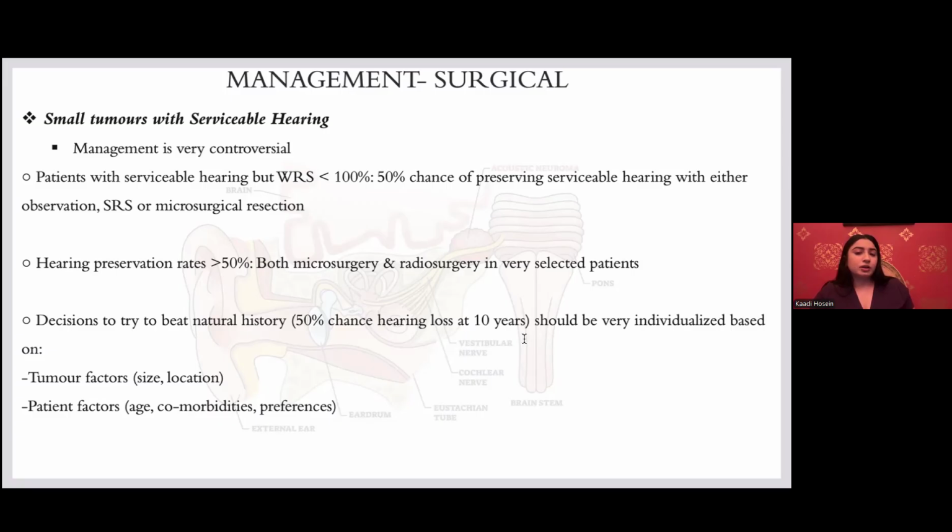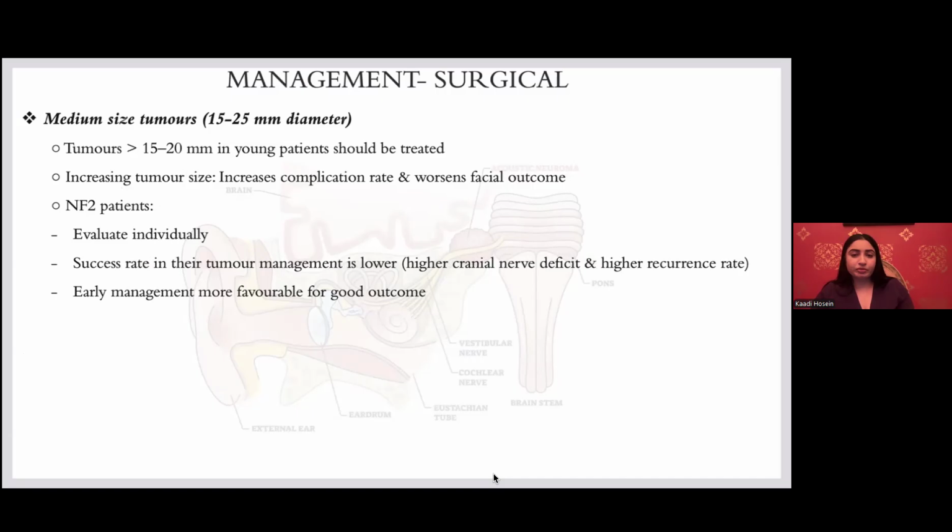Now, the decision to try to beat the natural history, which is 50% chance of hearing loss at 10 years, should be very individualized based on the tumor factors such as the size and location, as well as the patient factors stated here. And final management decisions are often dictated by non-medical reasons such as the patient perception, social situation, financial consideration, and support systems, etc. For medium-sized tumors, 15 to 25 millimeters in diameter, these should be treated, especially for young patients.